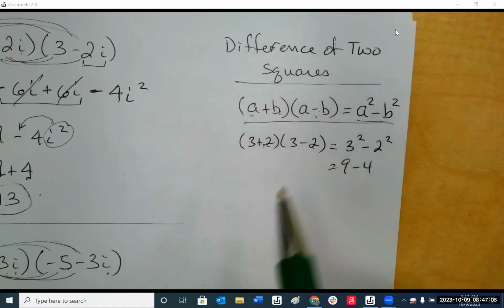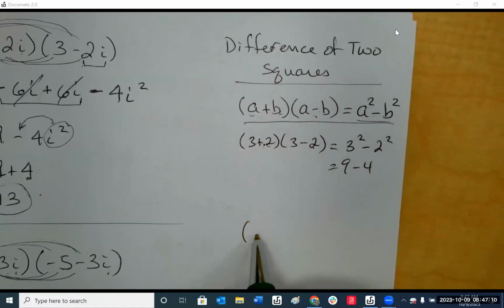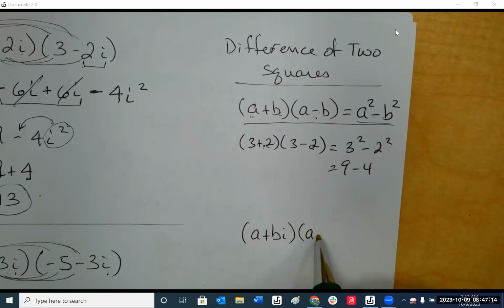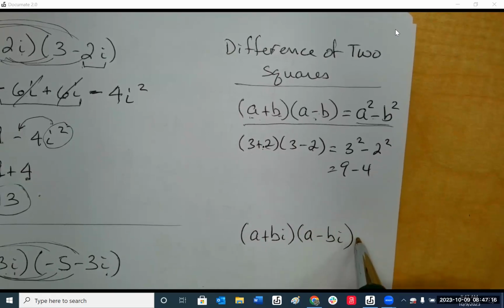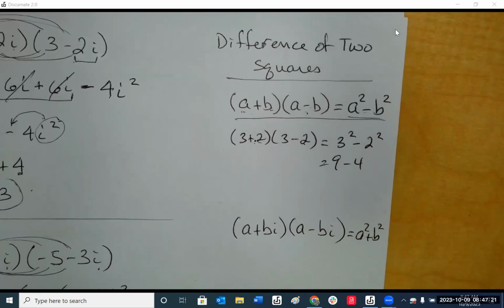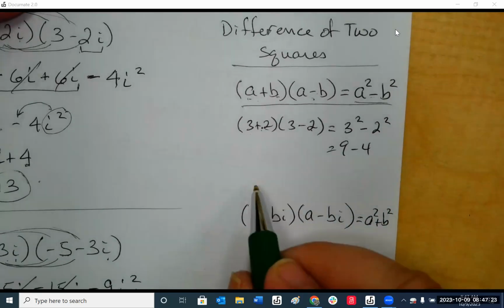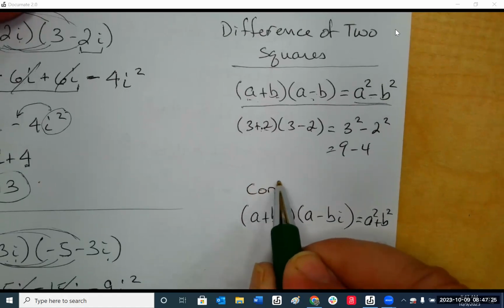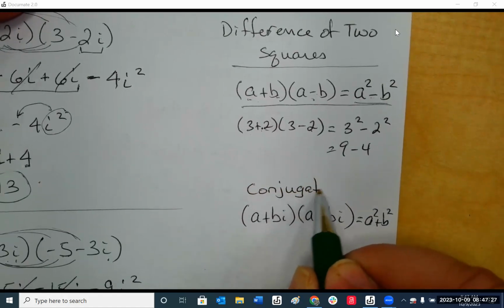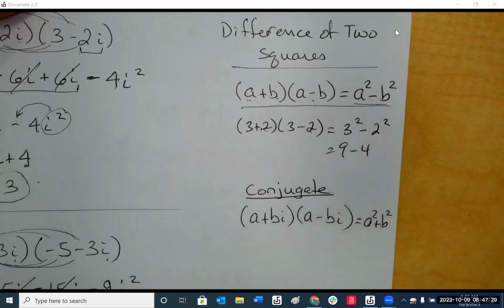So the difference of two squares, if we have imaginary terms, it's called a conjugate.